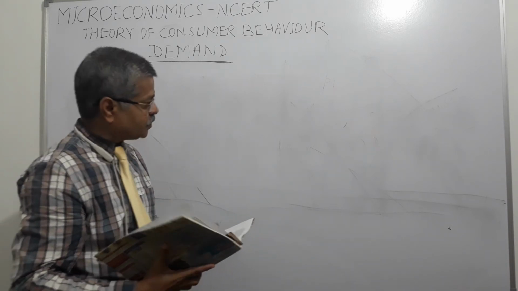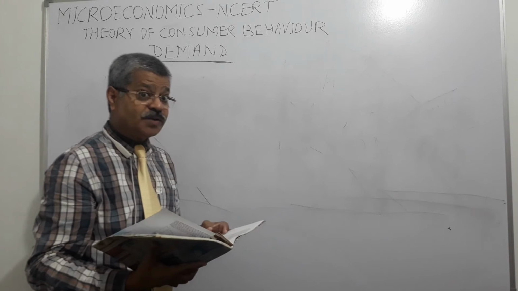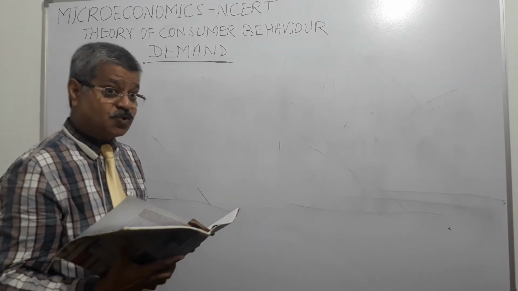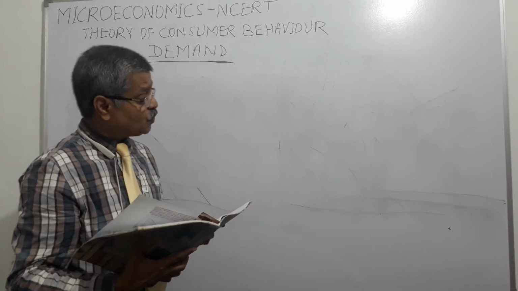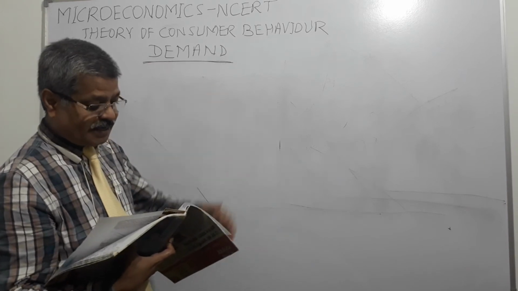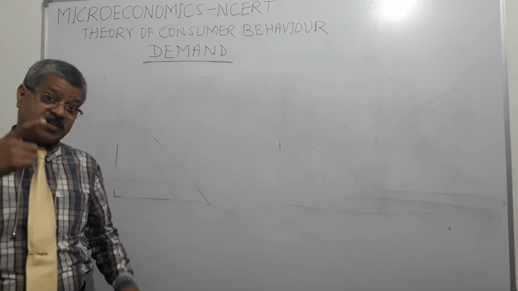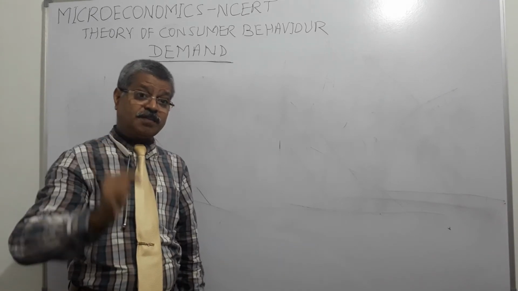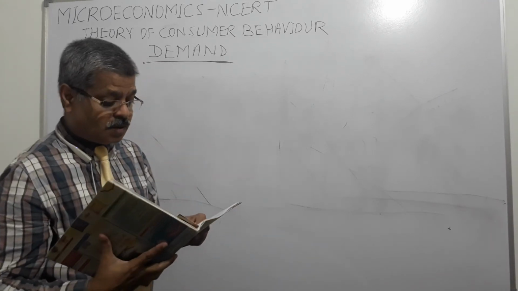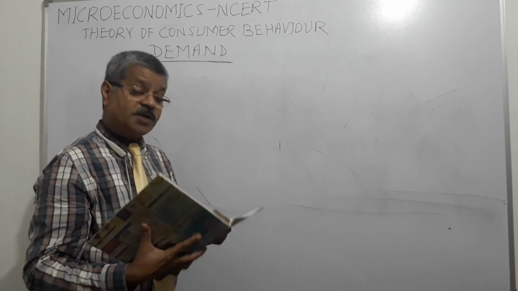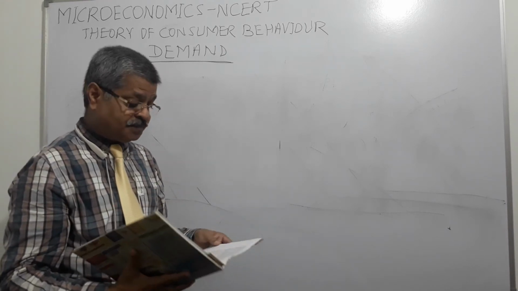So, he can buy more with the same income at the reduced prices, right? So, the change in the optimal quantity of a good when the purchasing power changes consequent upon the change in the price of a good is called the income effect, right?